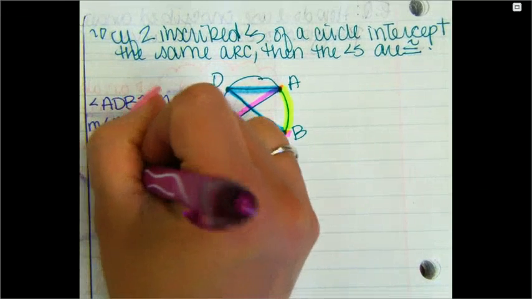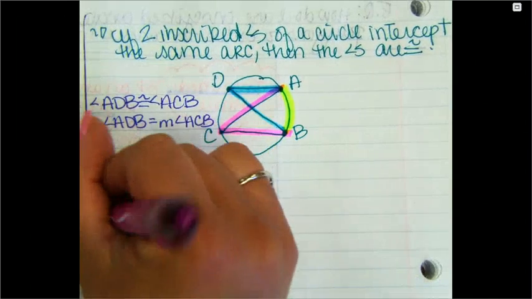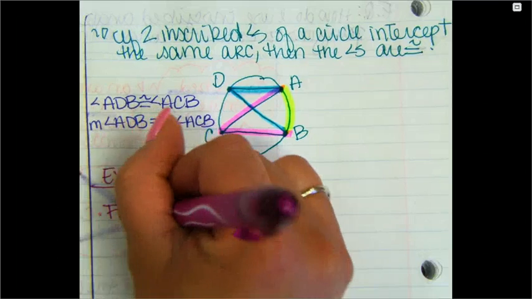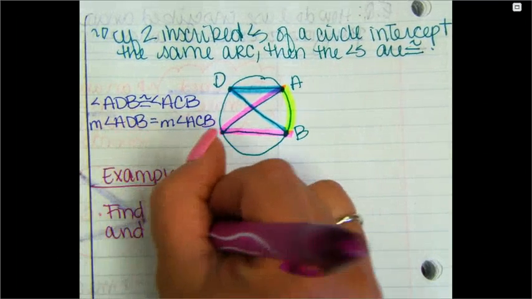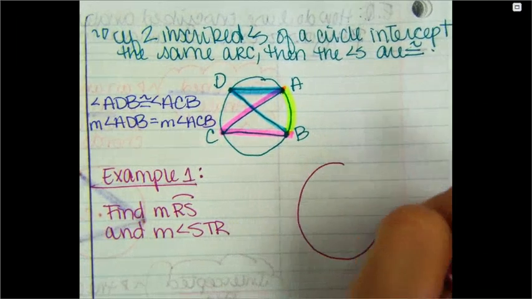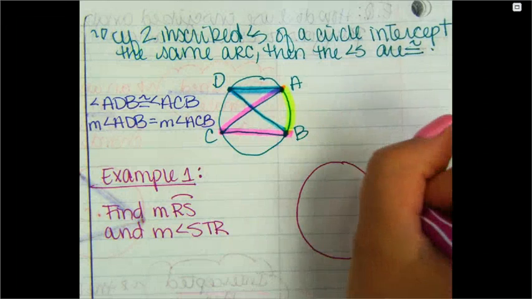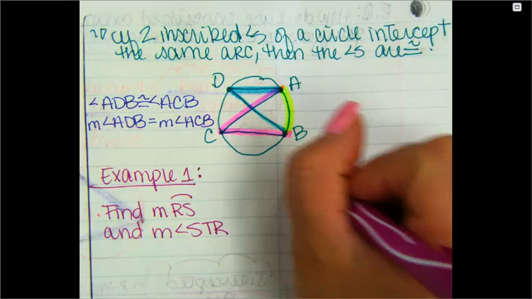Example 1. In this example, you're going to find the measure of arc RS and the measure of angle STR. Now, ladies and gentlemen, you don't have to be great at this right now, but you need to try. Because you need to decide to be an active learner or a passive learner.